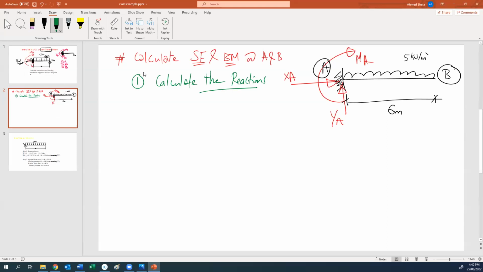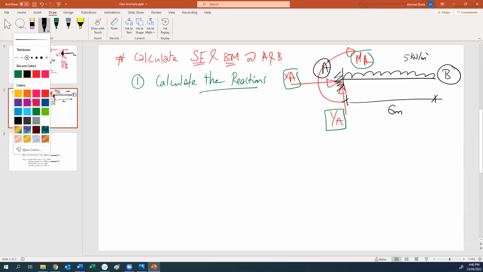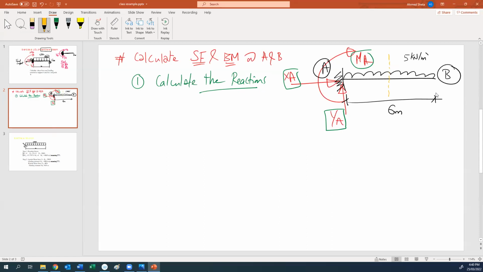How can we calculate the three reactions? The first thing is we deal with the uniform load like that. We need to concentrate the uniform load, UDL. This will be the resultant of the uniform load.